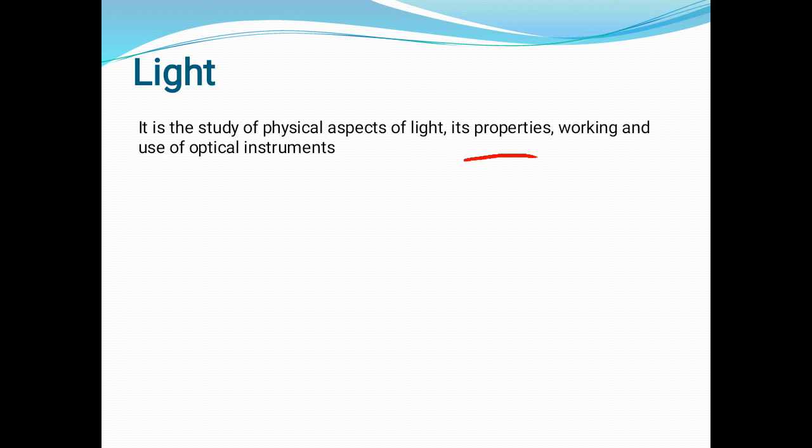For example, light is reflected, refracted, scattered, dispersed, diffracted, polarized. You will read these in more detail further on. Light has some optical instruments. For example, mirrors, lenses, microscopes, telescopes, cameras, etc.